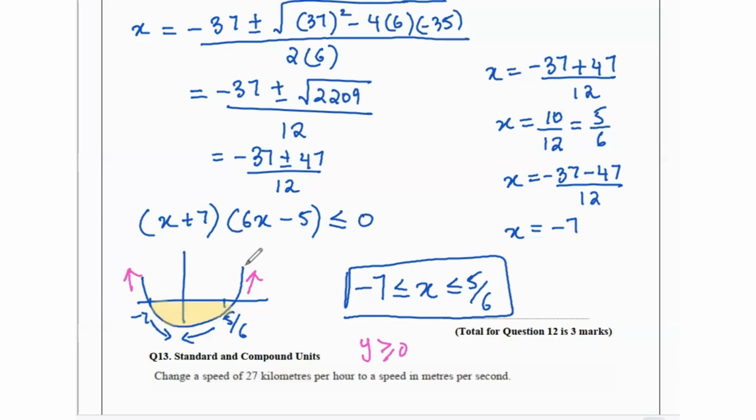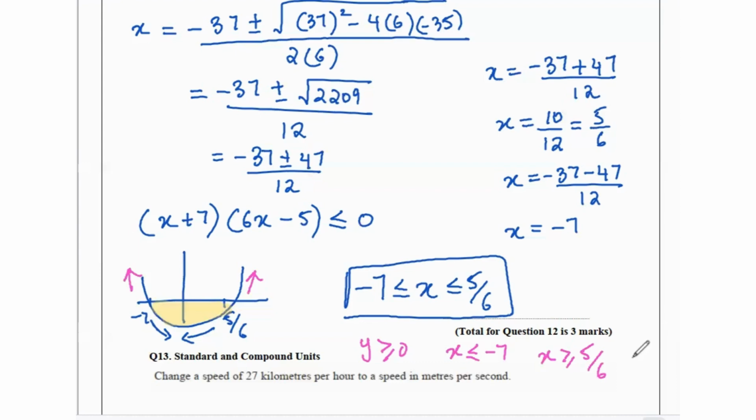Since they're diverging, you would have two separate inequalities for the x values. For x equals negative 7, it would be x less than or equal to negative 7. And for x equals 5 over 6, it would be x greater than or equal to 5 over 6. The pattern has changed now. It's the opposite: for less than or equal to 0, x equals negative 7 is increasing, whereas for greater than or equal to 0, it's decreasing.